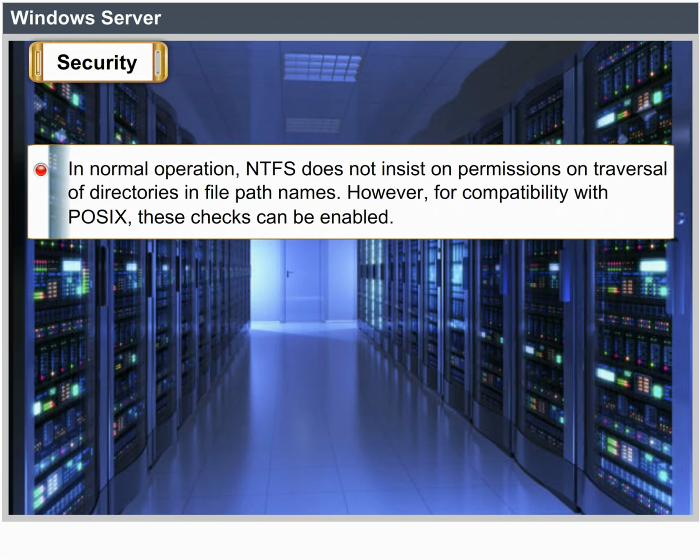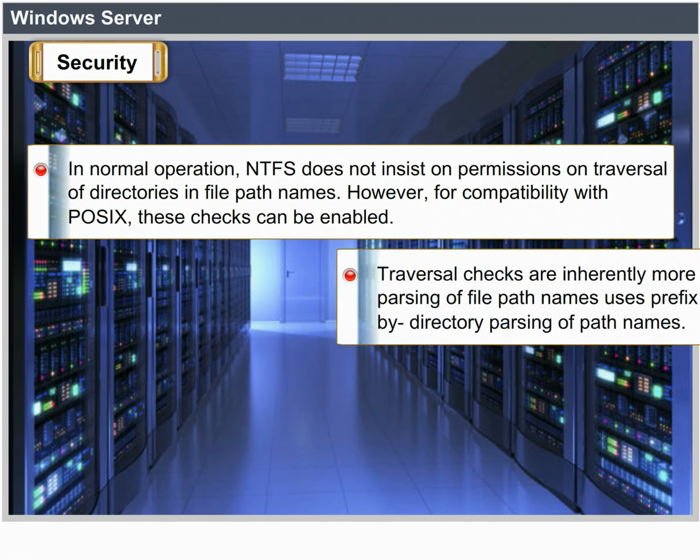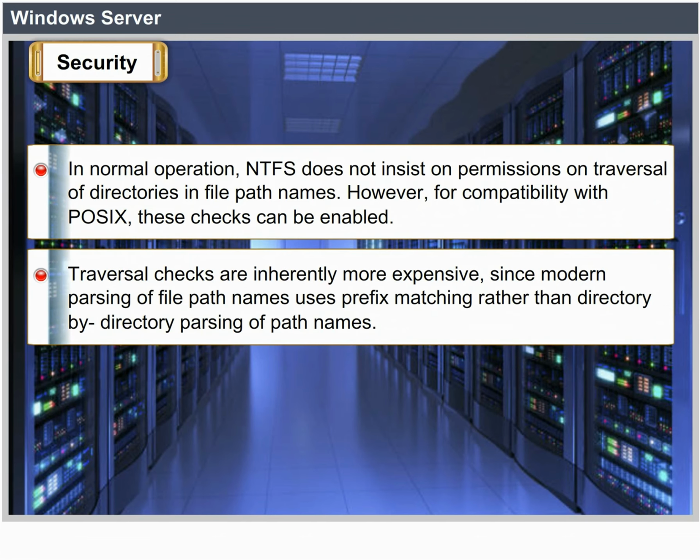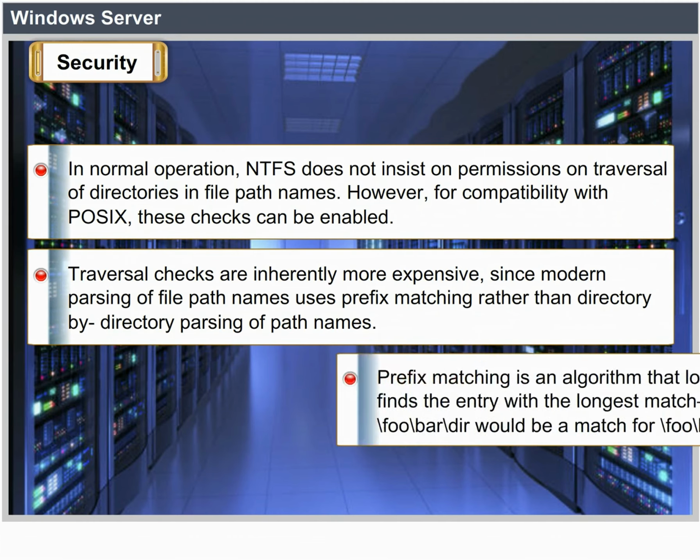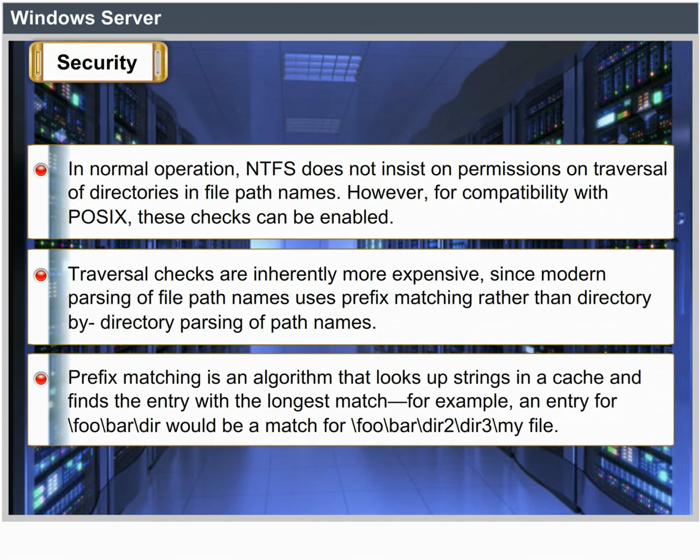In normal operation, NTFS does not enforce permissions on traversal of directories in file path names. However, for compatibility with POSIX, these checks can be enabled. Traversal checks are inherently more expensive since modern parsing of file path names uses prefix matching rather than directory by directory parsing of path names. Prefix matching is an algorithm that looks up strings in a cache and finds the entry with the longest match.